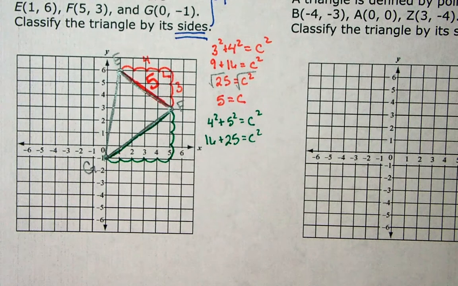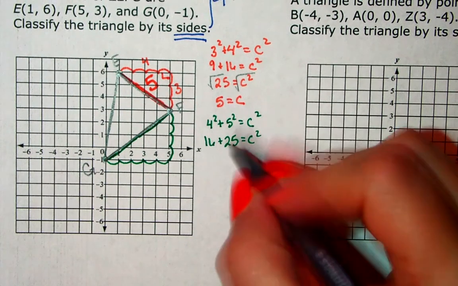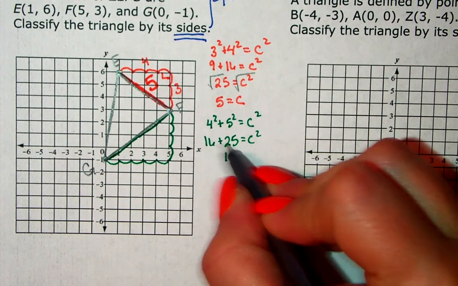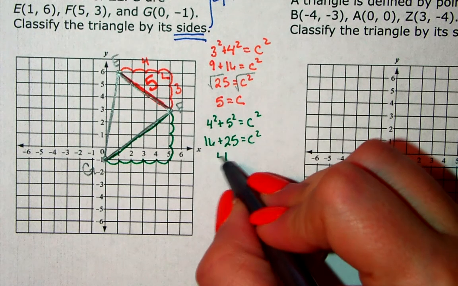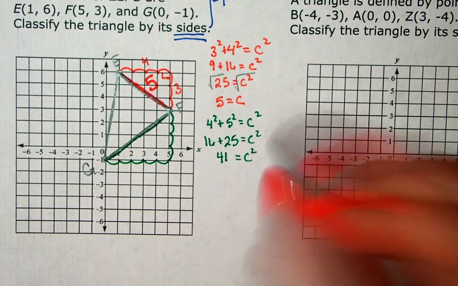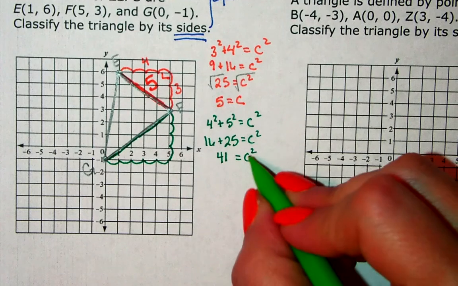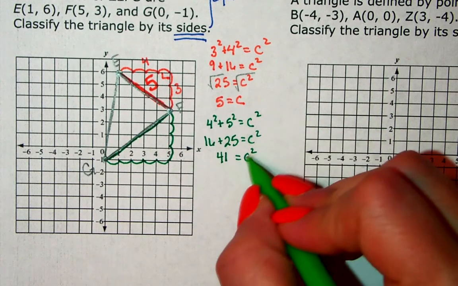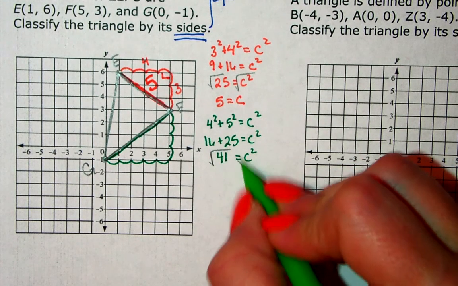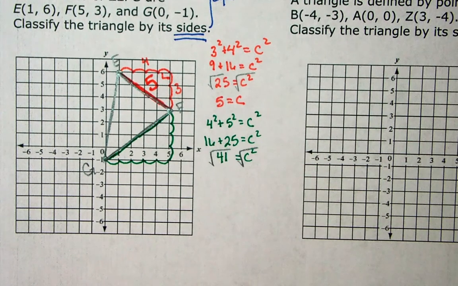Then 16 plus 25 is 41, equals c squared. Again, I don't want c squared, I just want c. So I'm going to square root both sides. And the square root of 41, let me grab a calculator.